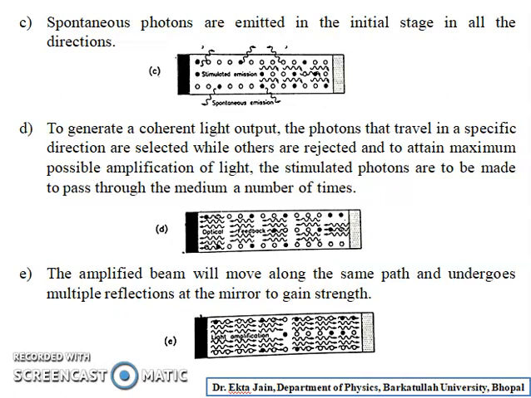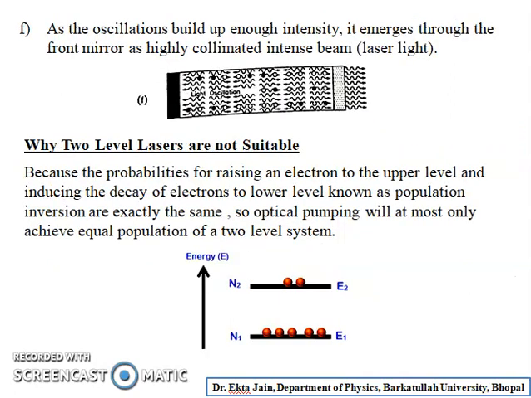By passing these photons through the medium a number of times, what happens? The amplified beam will move along the same path and undergo multiple reflections at the mirrors to gain strength. So, what happens after gaining the strength?